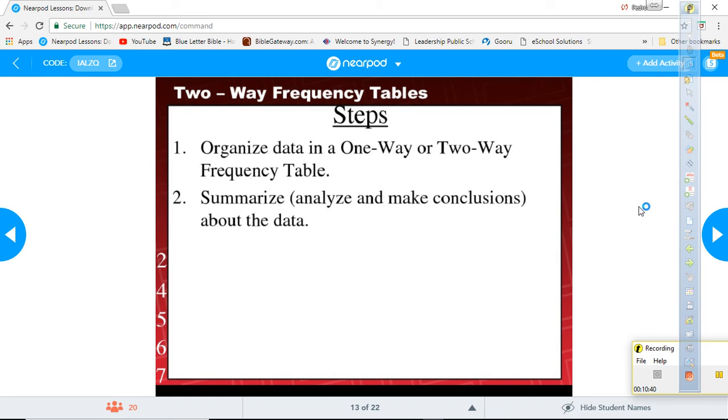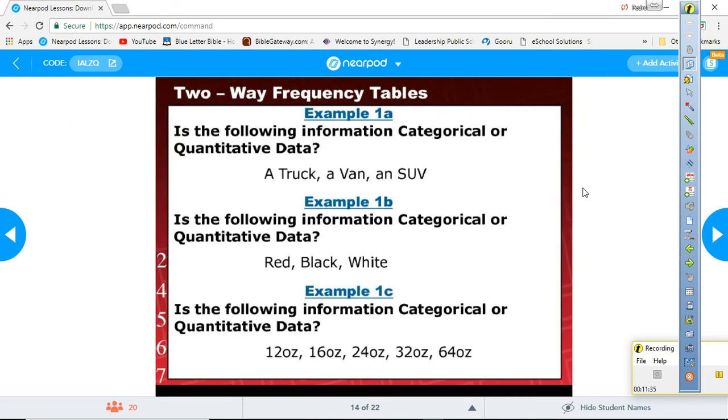Okay? All right, so before I continue, I'll leave that up there on my screen, but on your screen, it says example 1A, example 1B, and example 1C. Look at example 1A. It says, is the following information categorical or quantitative? You don't have to copy it. Just look at it first.